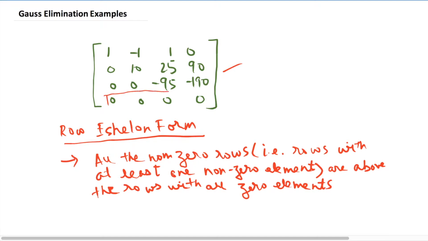So the fourth row is a zero row that has all the elements as 0, and all the non-zero rows, that is the first 3 rows, are above the fourth row. So you might remember that this row actually happened to be the second row, and we moved its position to the fourth position.